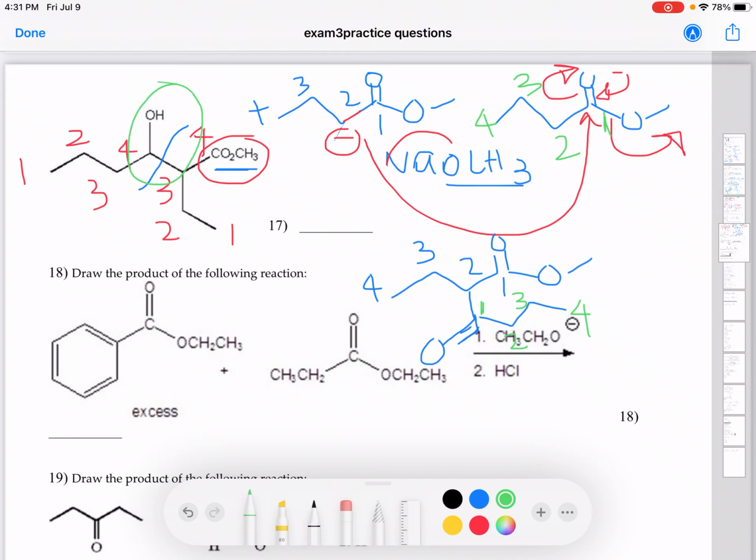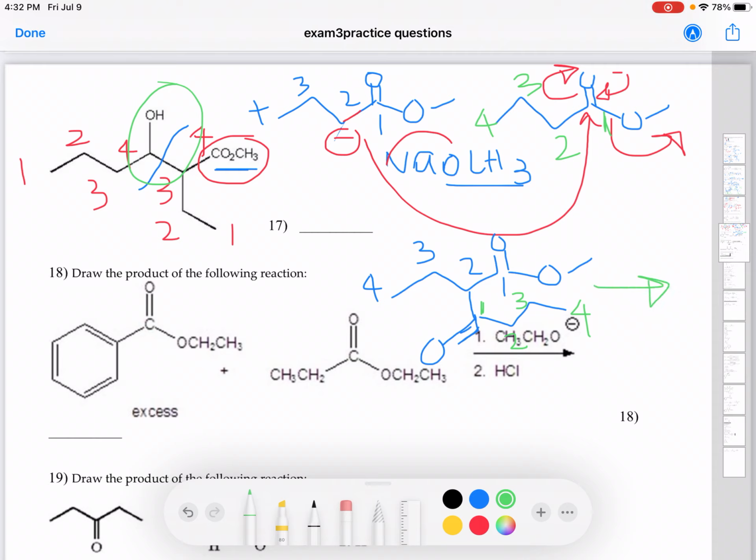But right now what we have is a ketone and an ester. How do we reduce the ketone carbonyl group to an alcohol instead of reducing the ester? Which reagent can we use? Lithium aluminum hydride? No. Lithium aluminum hydride will reduce both the ester and the carbonyl group of the ketone. So sodium borohydride would be the appropriate one.